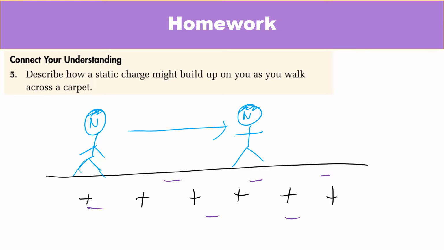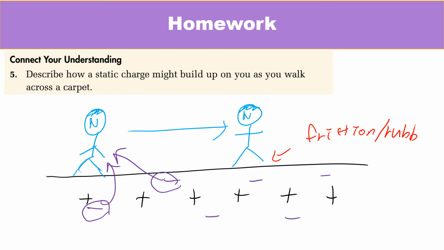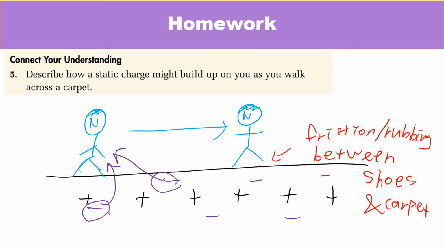Either electrons go toward him because we have friction occur, or rubbing if you will, between his shoes and the carpet. By having this friction, electrons can jump toward or away.